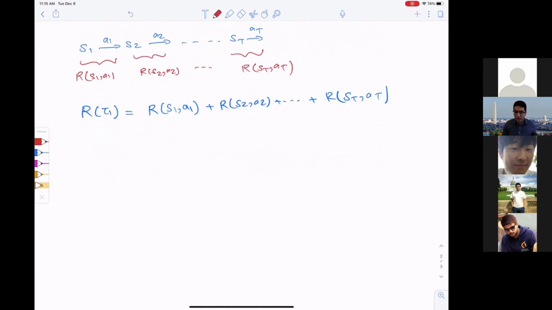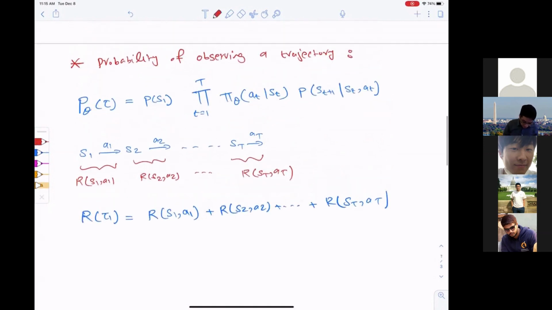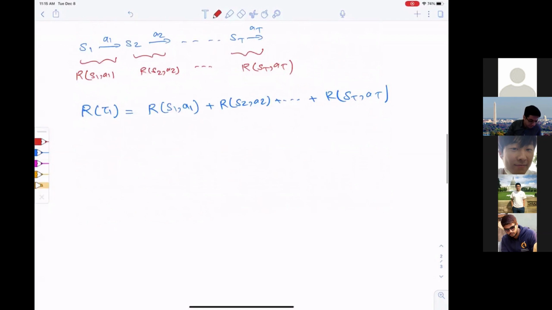Now let's say I have, for a given policy, what are the randomness I have in generating a trajectory? I have some randomness because of my policy function. For a given state, there's randomness in what action I want to take, and also there is randomness coming from my environment. So these are two sources of randomness in a particular trajectory.